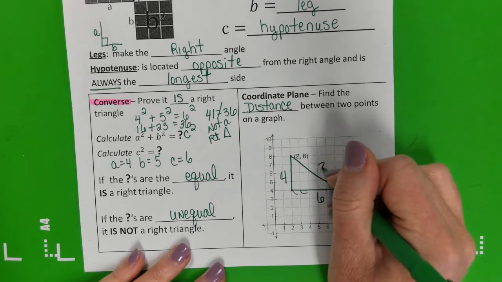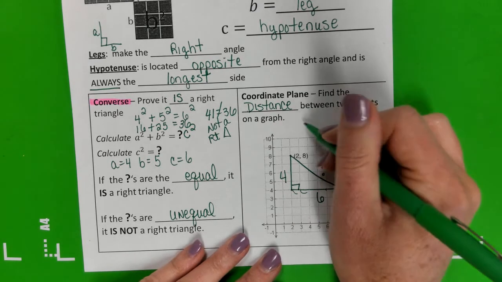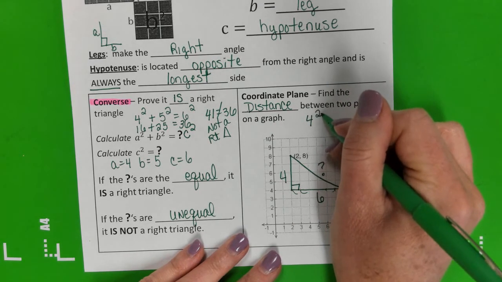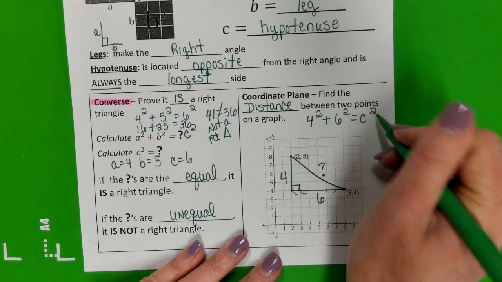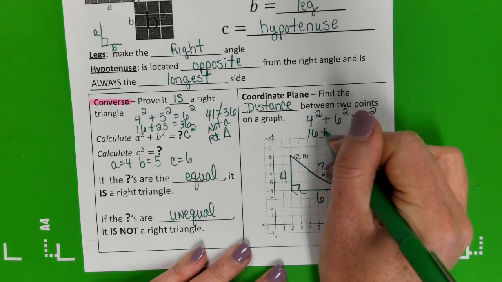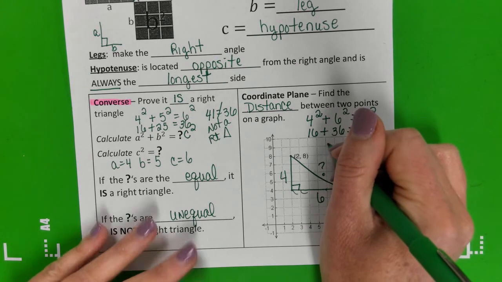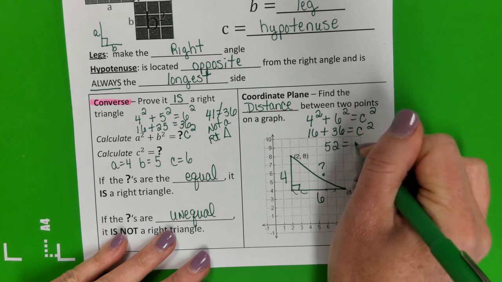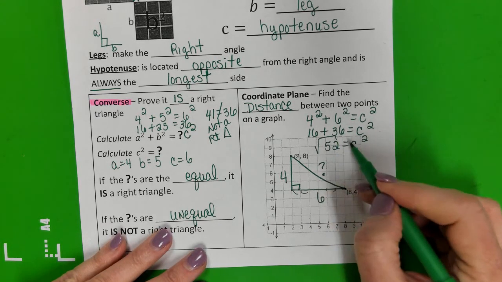And so now I'm trying to find my hypotenuse. So I would say 4 squared plus 6 squared equals c squared. So this is 16 plus 36, which is going to be 52. And then remember, the last step to find the side length is to take the square root.